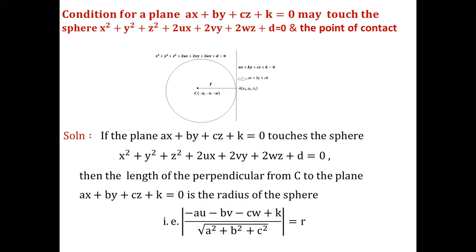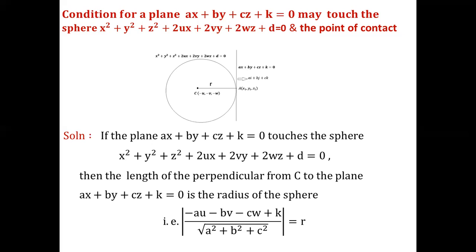If the plane ax plus by plus cz plus k equal to 0 touches the sphere x square plus y square plus z square plus 2ux plus 2vy plus 2wz plus d equal to 0, then the length of the perpendicular from the center C to the plane is nothing but the radius of the sphere. You can understand that better by looking at the figure.